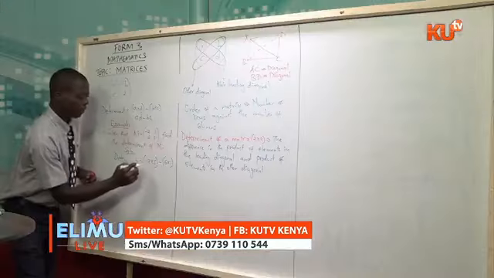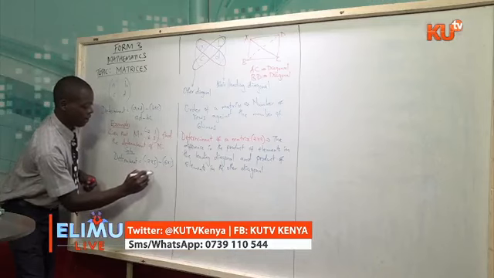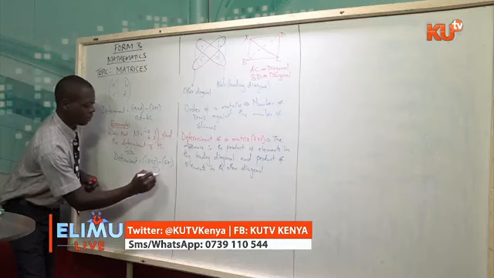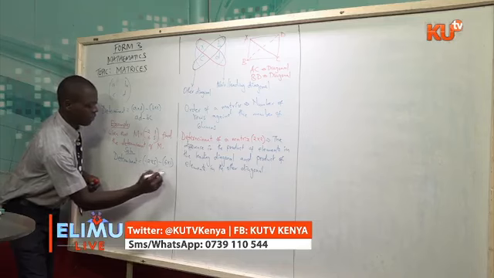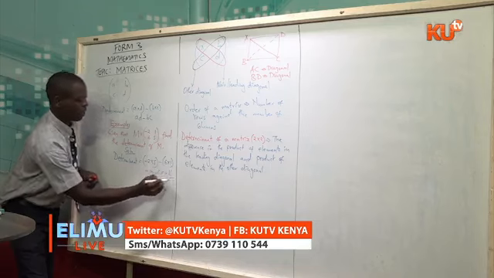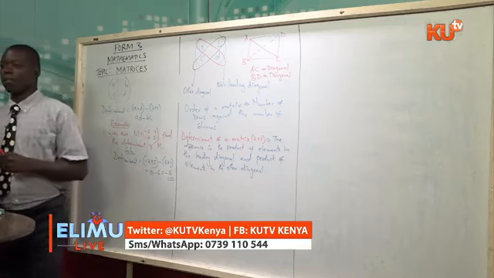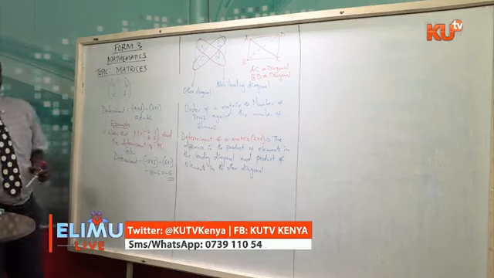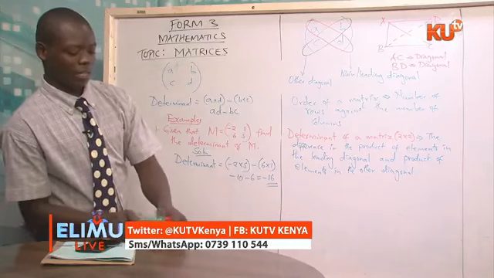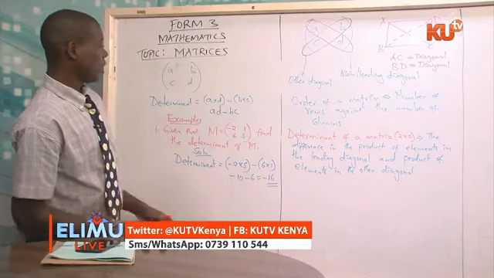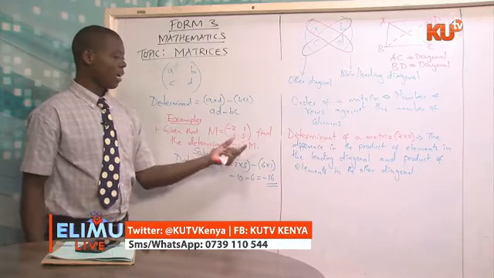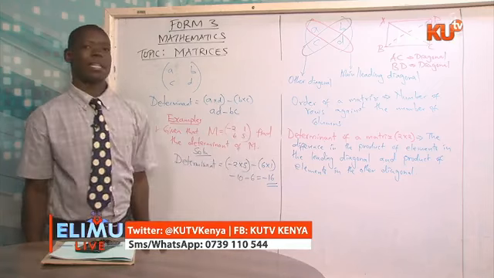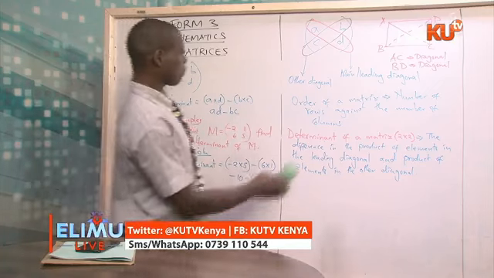Negative 2 times 5 gives us negative 10, minus 6 times 1 gives us 6. And this gives us negative 16 as our determinant. So the determinant of this matrix is negative 16. Again, why negative 16? That is the difference between the product of elements in the leading diagonal and the product of elements in the other diagonal.